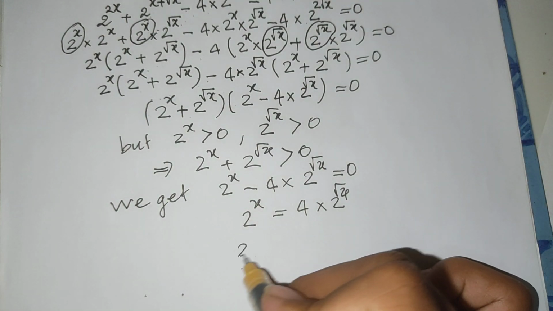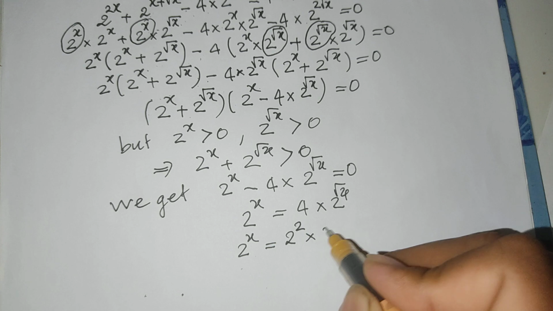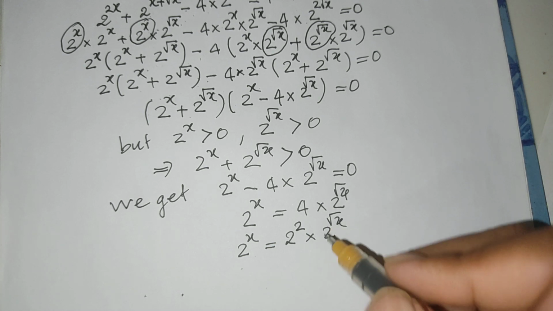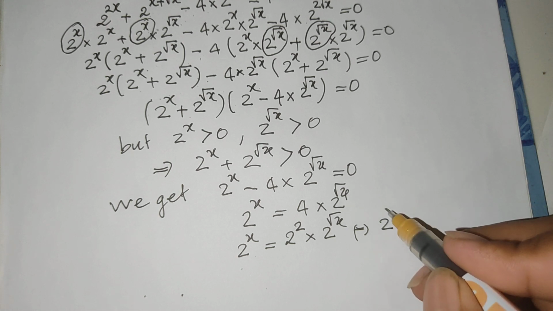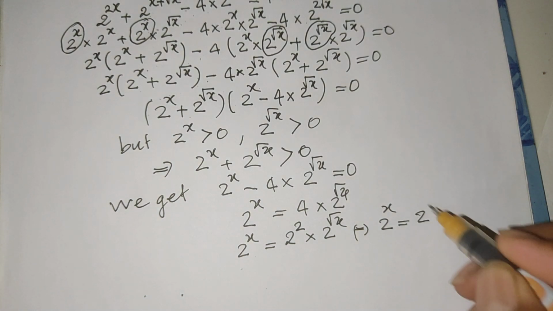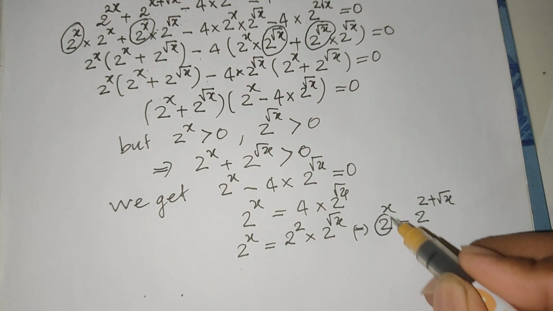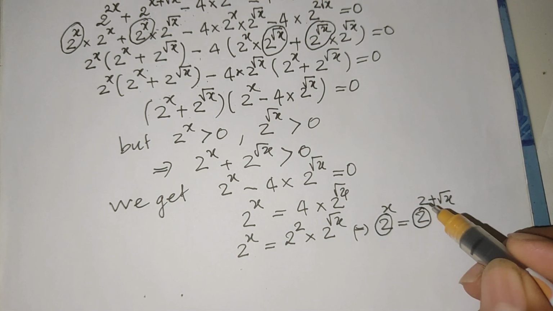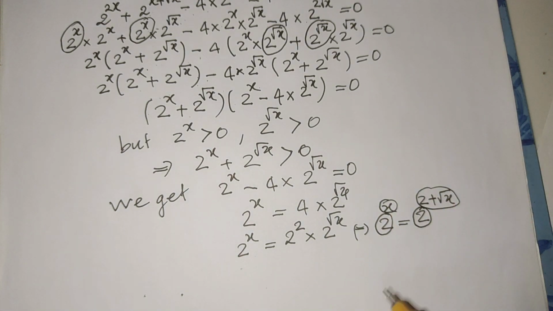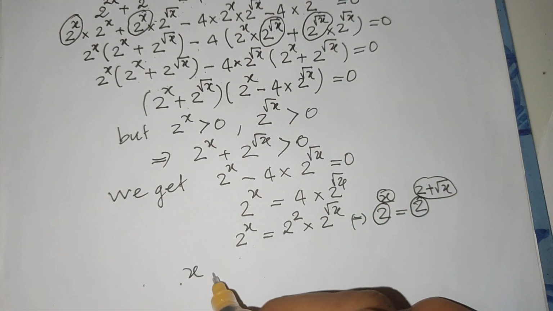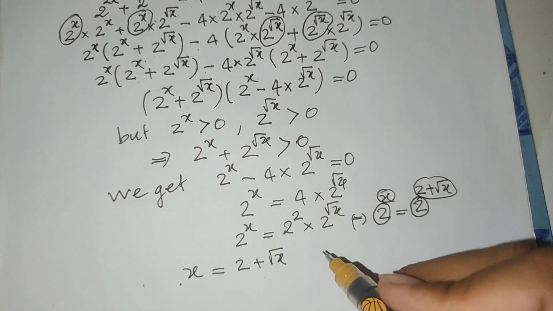And for this we get 2^x equals 2 squared multiplied by 2^√x. And this we get 2^x equals 2^(2+√x). We see this has the same base. So if we equate the powers, then we get x equals 2 plus square root x.